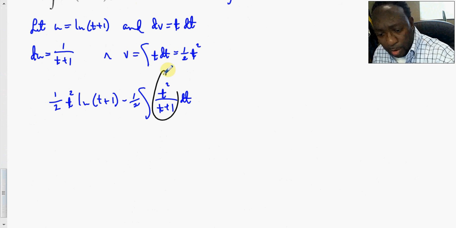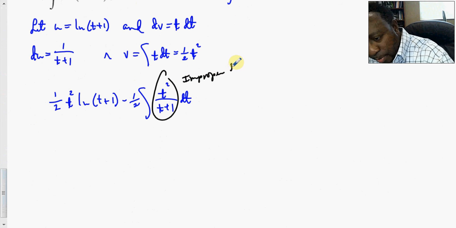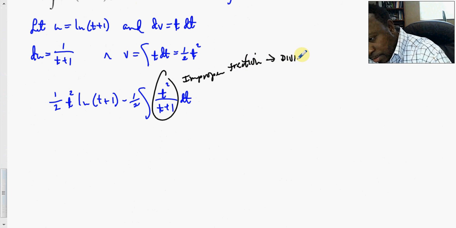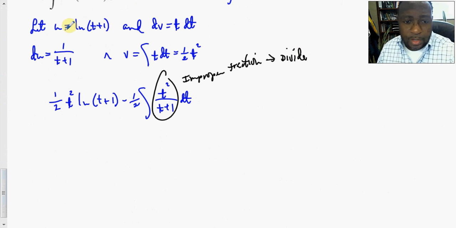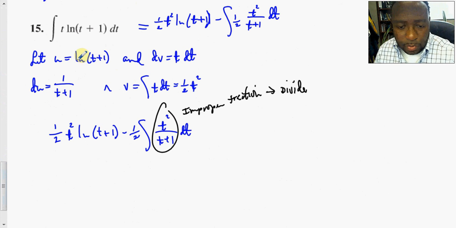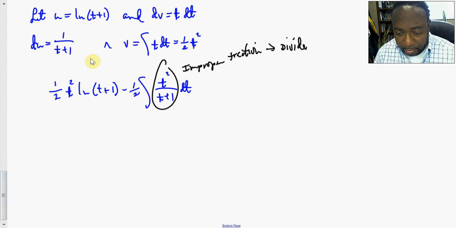Now this part is an improper fraction, so we have to divide. Either you do this, or you let u equal t and dv equal the natural log of t plus 1, and let me tell you, you get a lot of stuff.